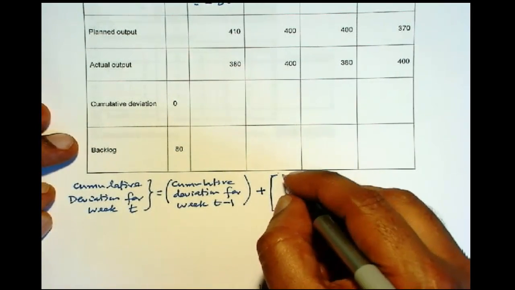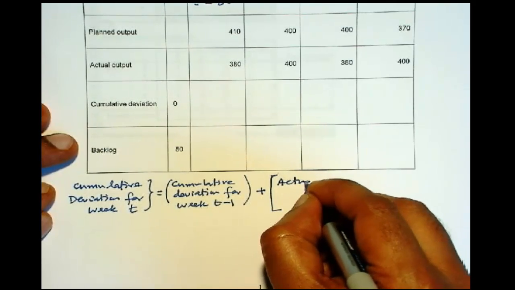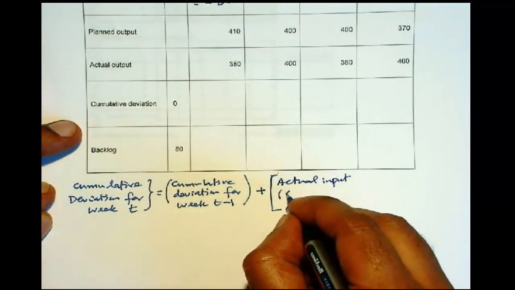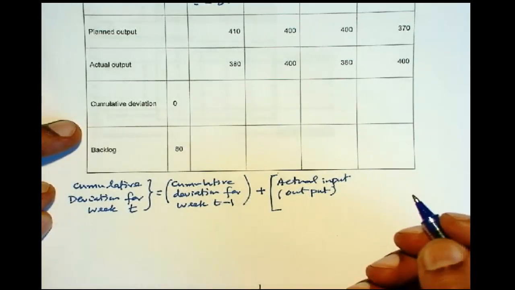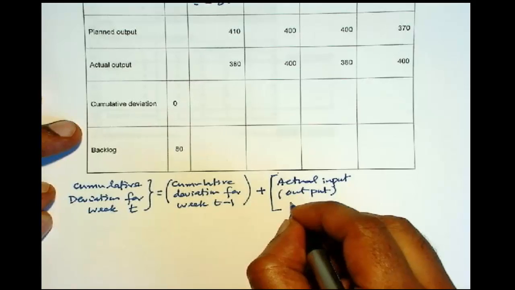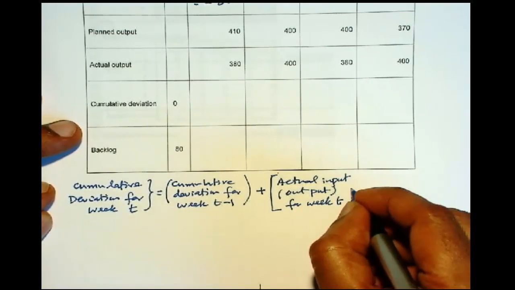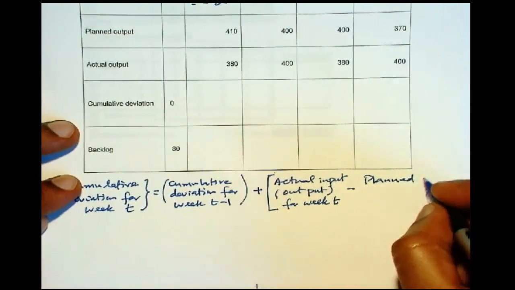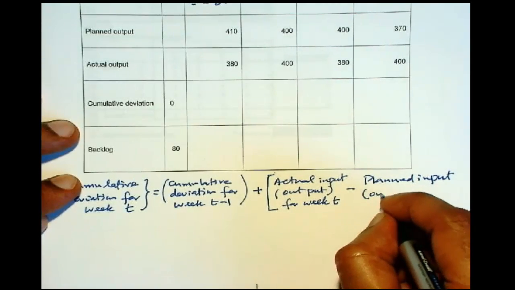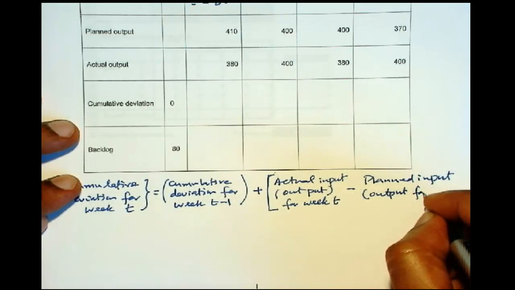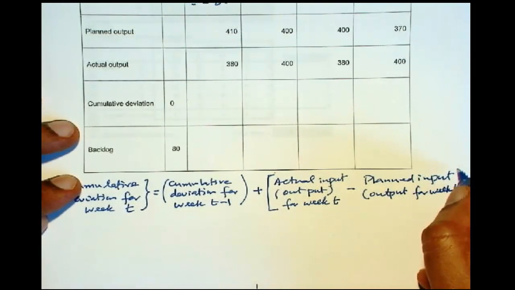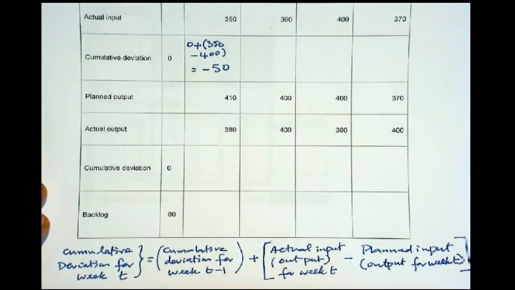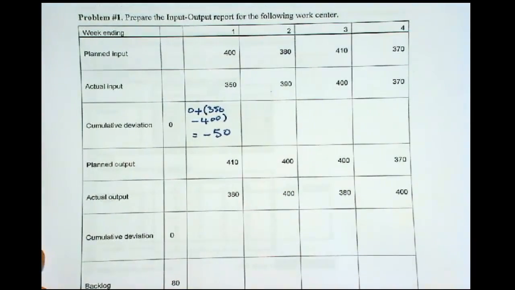Then to that you add the actual input or output, since we're going to be doing this for output also, for week T, minus the planned input or output for week T. So this will give us the cumulative deviation as we go through 1 week at a time.